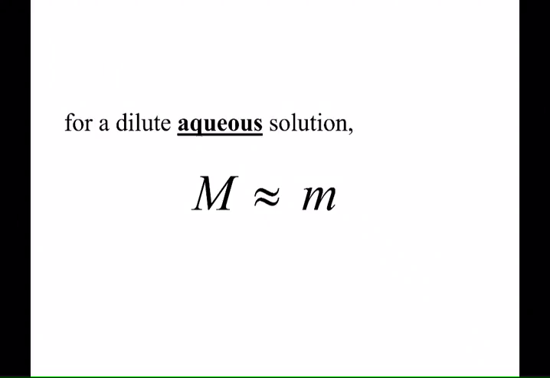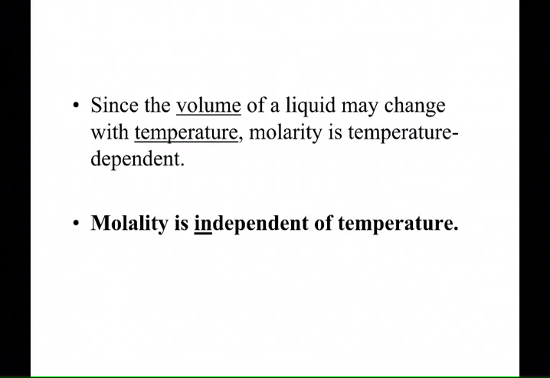Those two things come together, and your molarity is approximately equal to your molality for dilute aqueous solutions. But that whole approximation, you're not going to be able to use that in Gen Chem. But it's something to keep in mind.